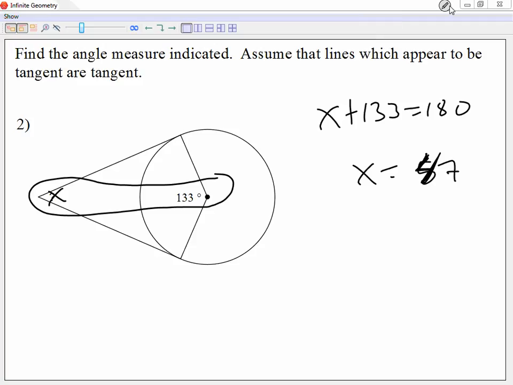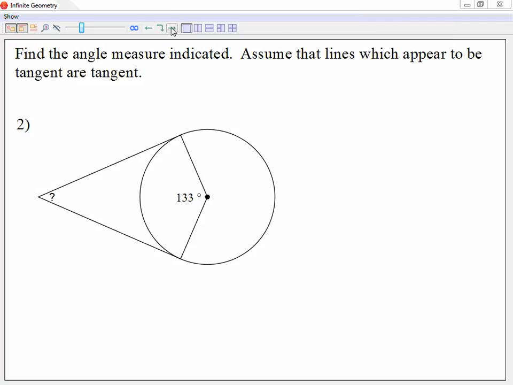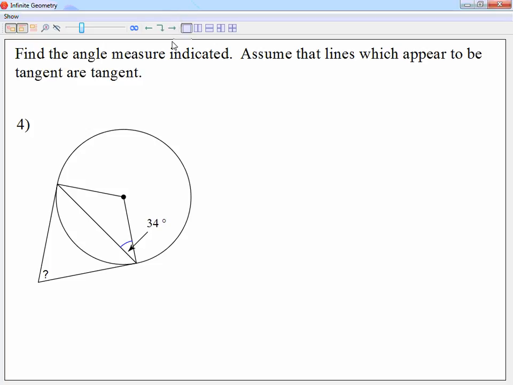But then, let me move things around a little. Let me take a look at something like number 4. I know that the triangle formed in there is an isosceles triangle because this radius and this other radius are the same. So I used to tell you that on an isosceles triangle, the base angles are equal. So this corner right here is 34.